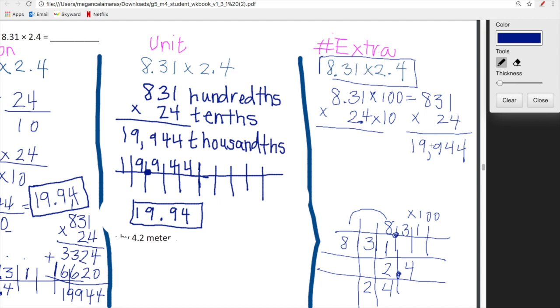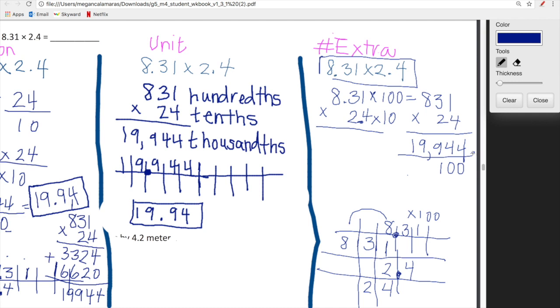So we have this number. I multiplied 8.31 by 100, and then we multiplied 2.4 times 10. Now we have to undo that. So let's divide 19,944 by 100. When we divide 19,944 by 100, we're going to get the digits.